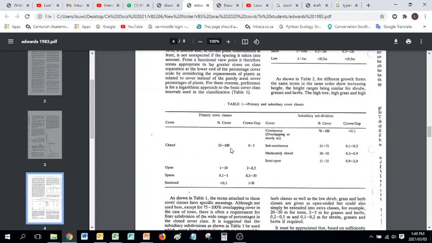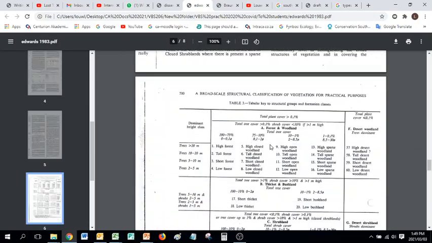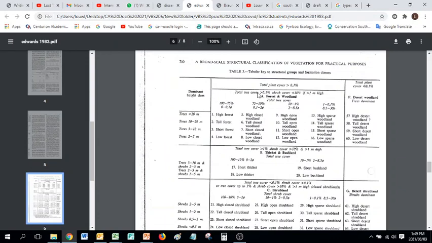As an example, 10 to 100% canopy cover percentage you would maybe mention as being closed, and then you get an open and sparse and a scattered as well. There are some subdivisions as well, but once you get maybe down to this table, you can make use of it quite effectively in giving that descriptive term.